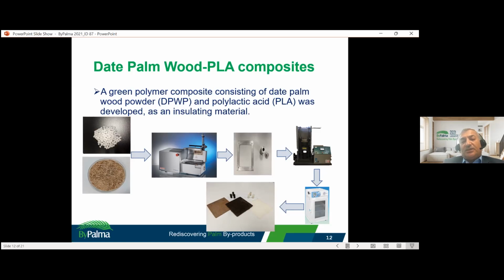Now we mix it through the melt extruder, then we put it in specific molds based on the property that we need to test. Then we make the final shape in the hot press. We applied a certain annealing process for this system to finally produce different products, as you can see in the last image.